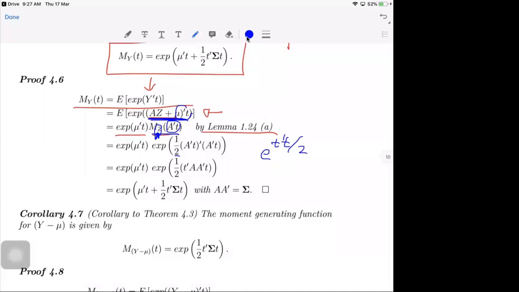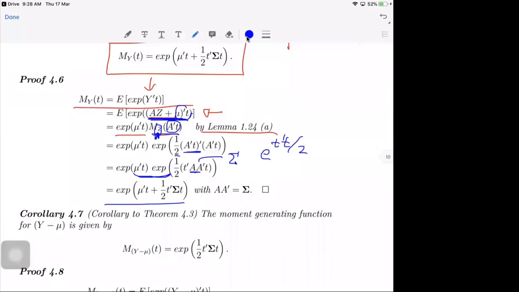Or you can rewrite this as t prime, A A prime, which is just A, and denoting this as your sigma. So you will have, and then joining again the exponential, you will have exponential of mu prime t plus 1/2 t prime sigma t.